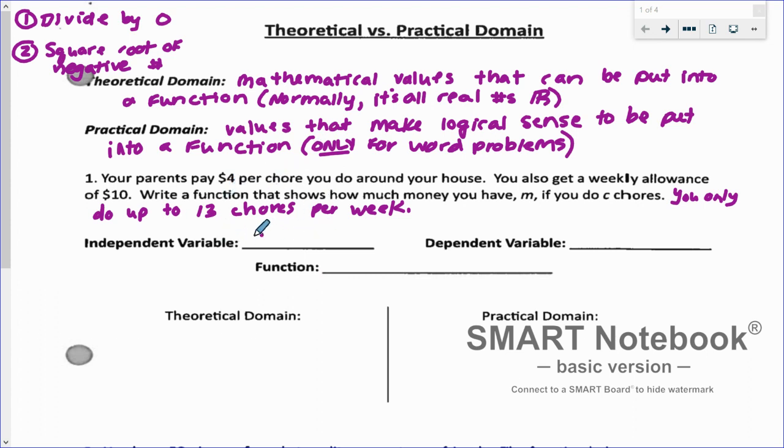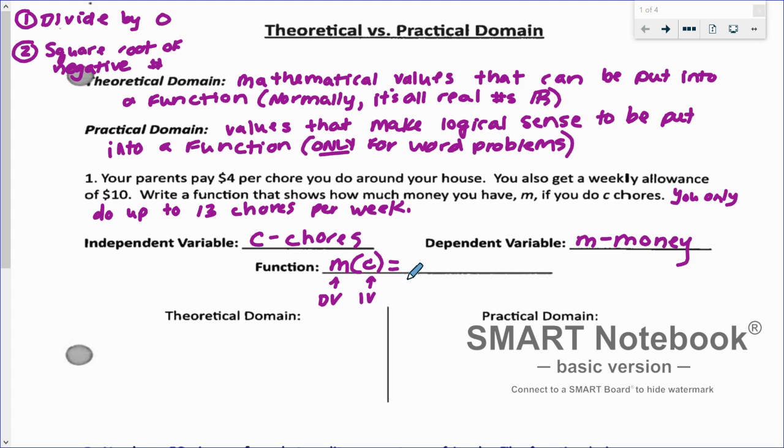So the independent variable, what you control, is the number of chores you do. The dependent variable is M, the amount of money you earn. So to write it with function notation, it would be M of C. The independent variable always goes inside the parentheses. The dependent variable always goes outside.